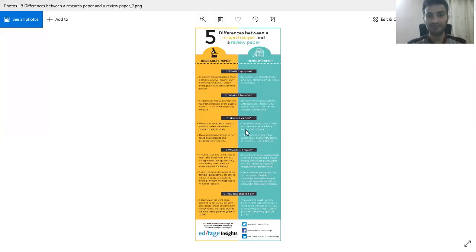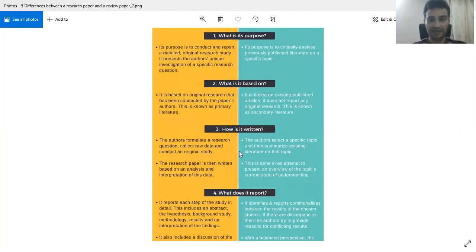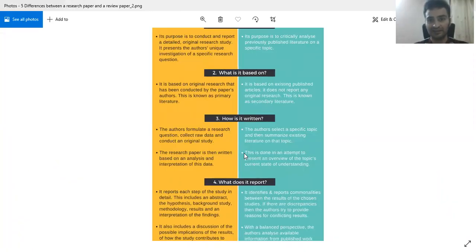So this is one of many differences between them. Another difference is how to write it. Usually in a review article, you summarize the previous data and present it in a summarized way, either in a table or figure. We will explain later. But for a research paper, or original research article, we have a question or gap.